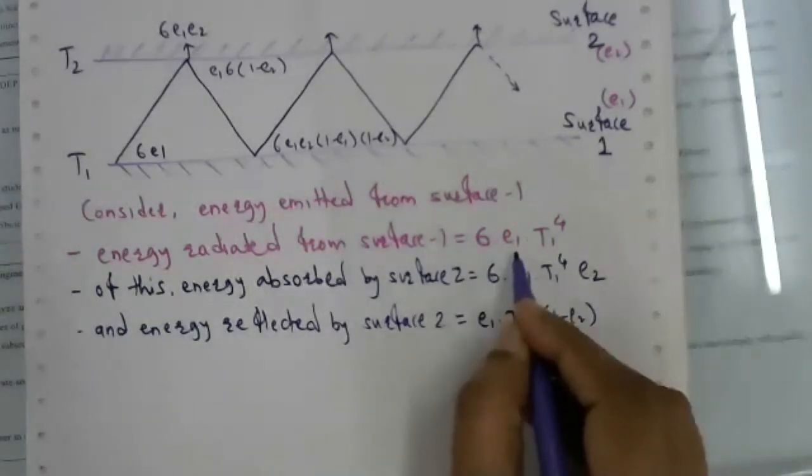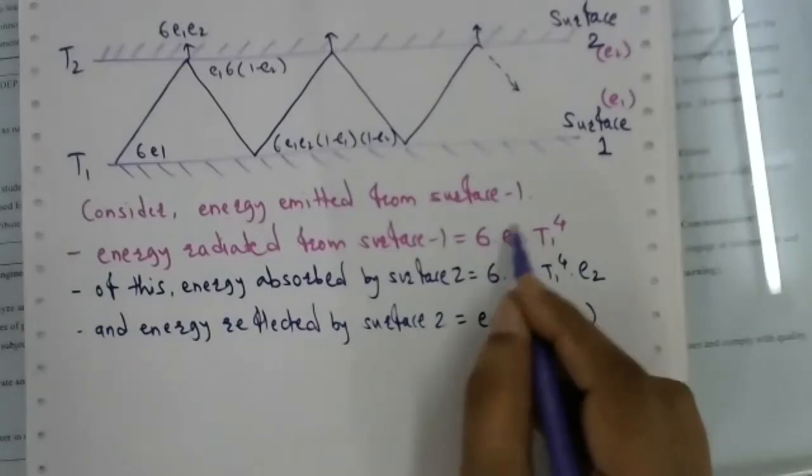The energy is radiated from surface 1 with emissivity E1.